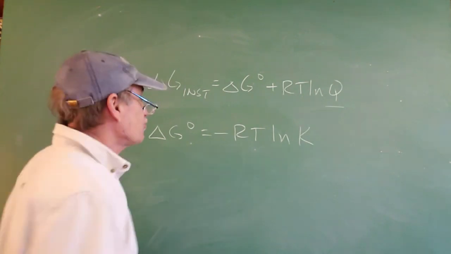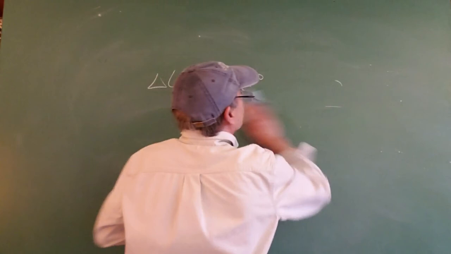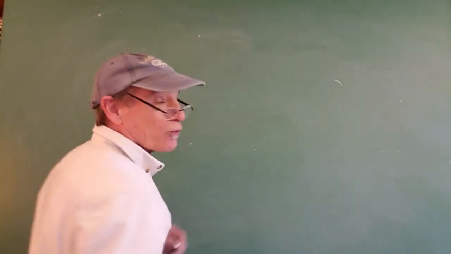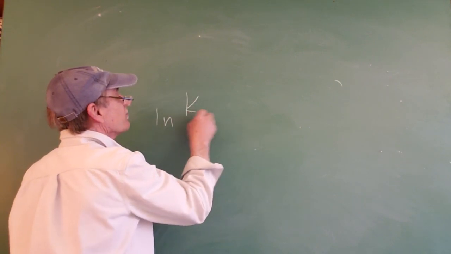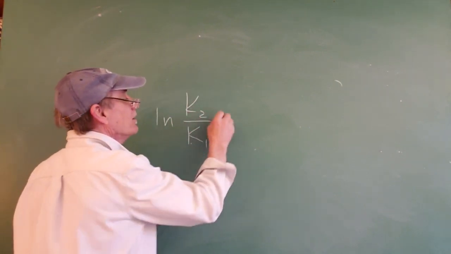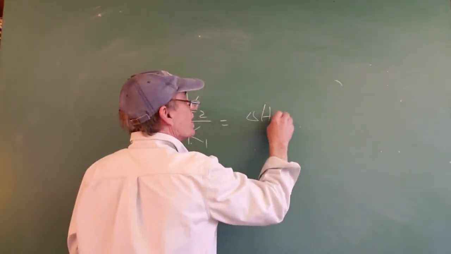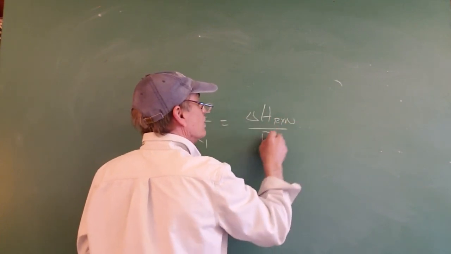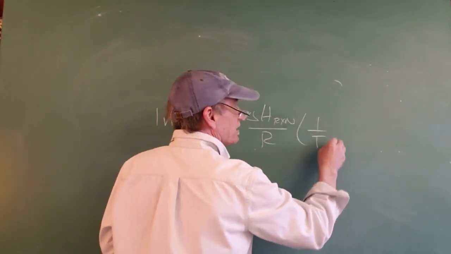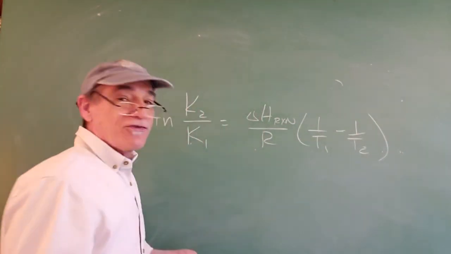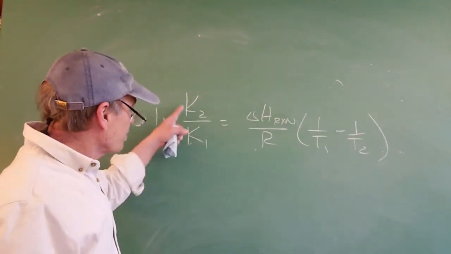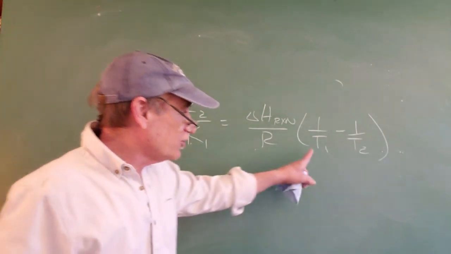Now at the very end of the chapter, I derived this Arrhenius-like equation that says that the natural log of an equilibrium constant K2 over K1 is equal to the delta H of the reaction divided by R times 1 over T1 in Kelvin minus 1 over T2 in Kelvin. What this does is it relates the equilibrium constant of a reaction to temperature.